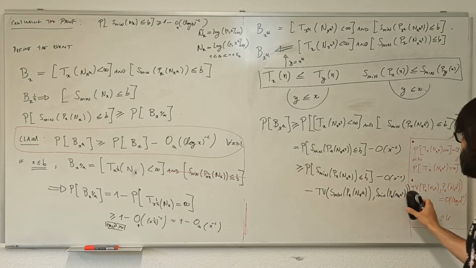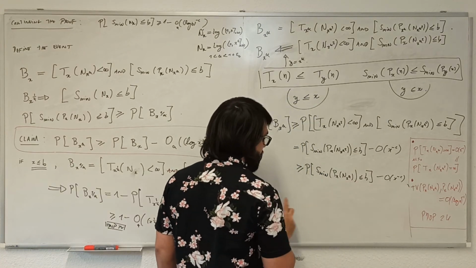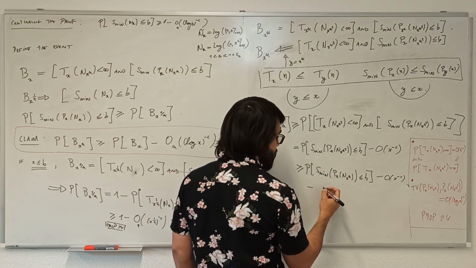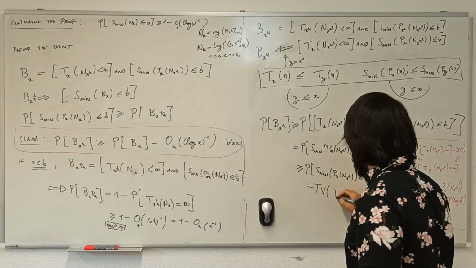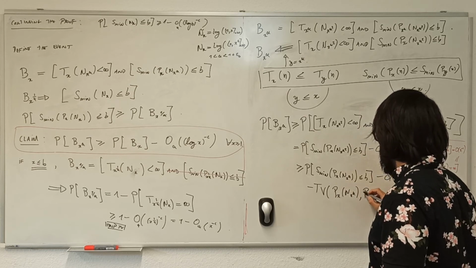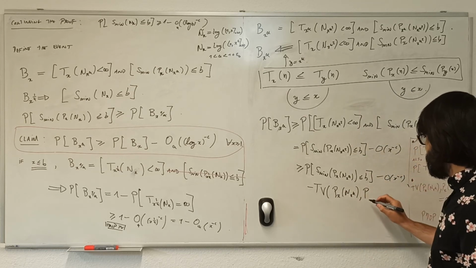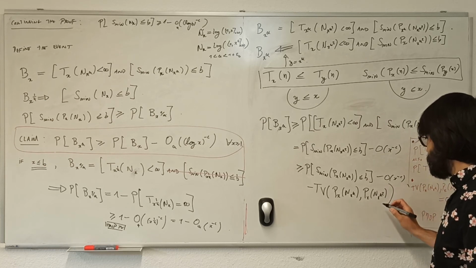So I can bound this term by the total variation of the probability of x in x to the alpha and the probability of x in x to alpha squared.